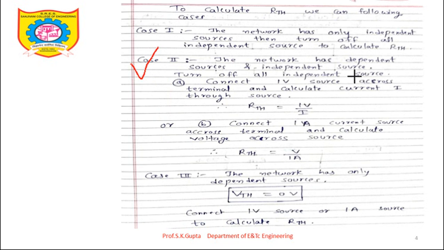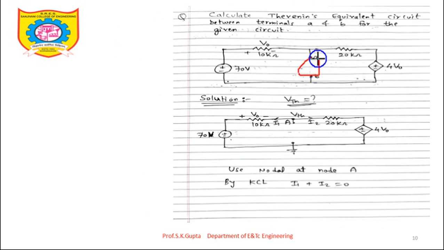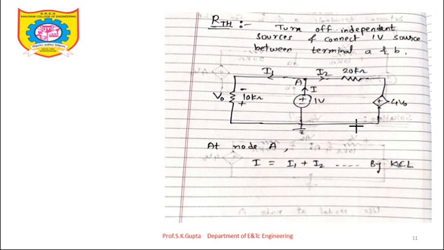So turn off all independent source and connect 1 volt source across terminal and calculate current I, and RTH is given by 1 volt upon I. So I will connect one 1 volt source over here and current, let us say I, and that current I will calculate to get the value of RTH, and independent source I will make it short circuit, turn off, voltage source is short circuited. Okay, so this is the way my circuit will look like.